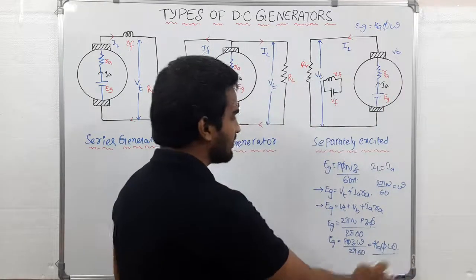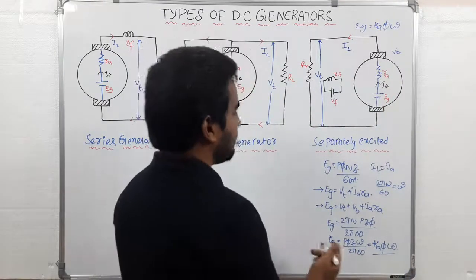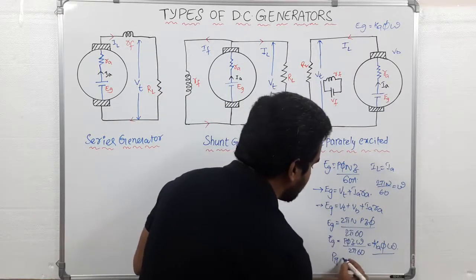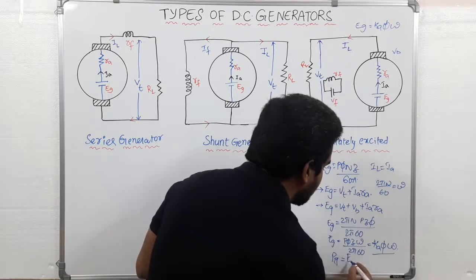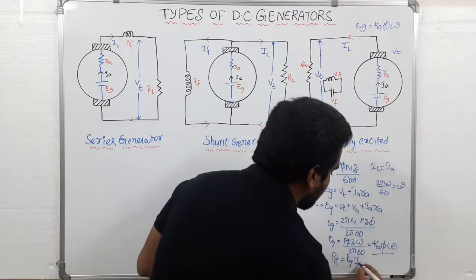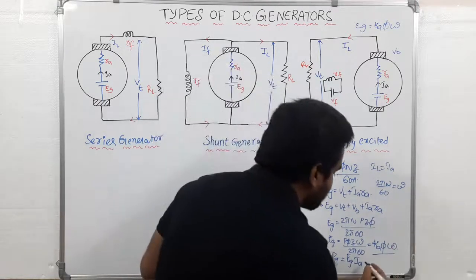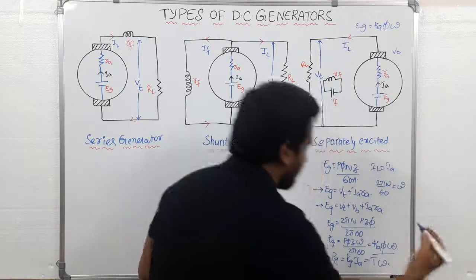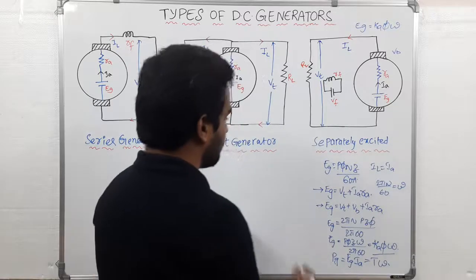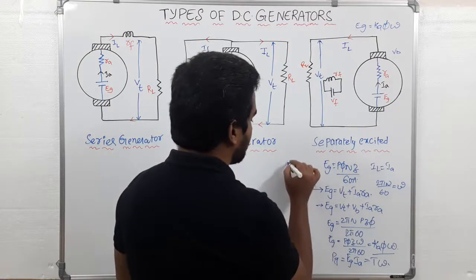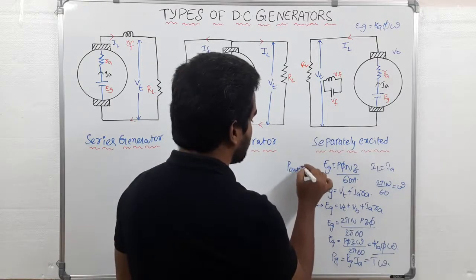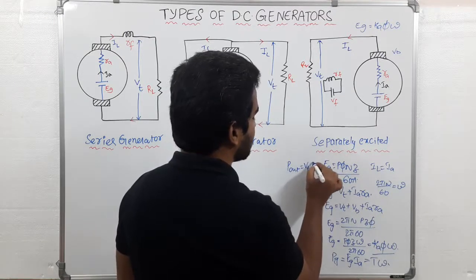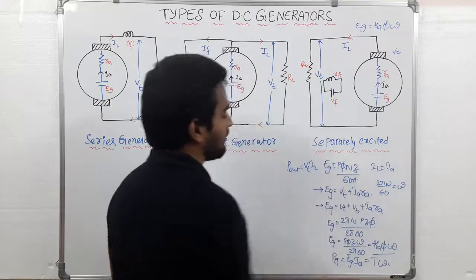Very important equation. And what is the power generated? Power generated Pg equal to Eg into Ia, which is equal to torque T into omega. And P output equal to V terminal voltage into IL.